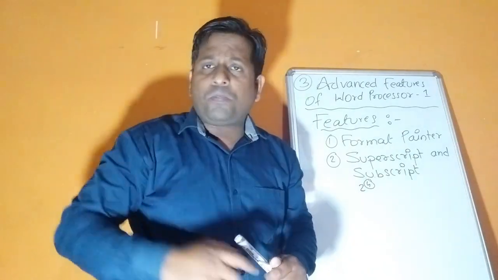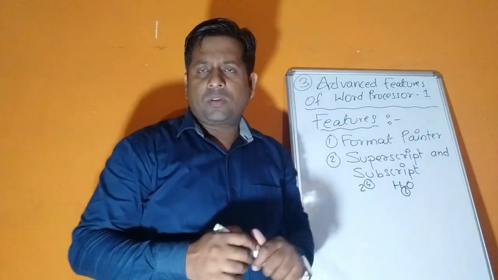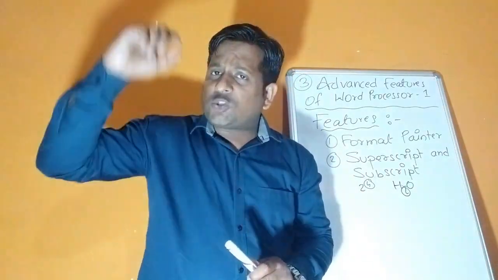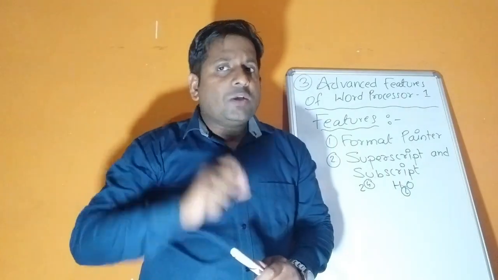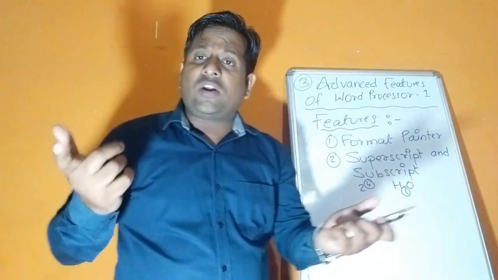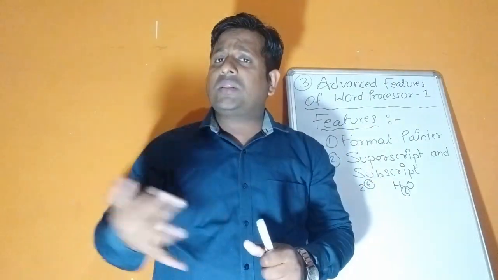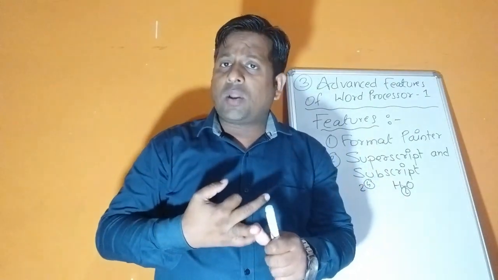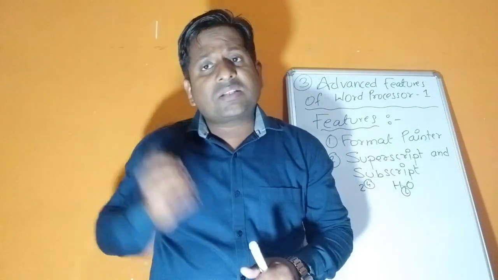And sometimes we need to place text down, like H2O. This 2 is at the bottom. So when you want a text to appear below the normal text line, use subscript. Superscript and subscript are very important, because when you type mathematical formulas or science formulas, that time you need to apply superscript and subscript.